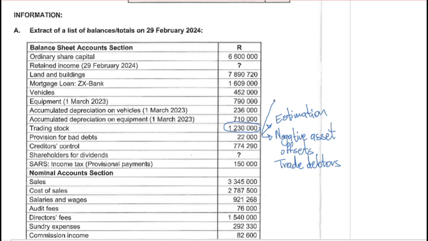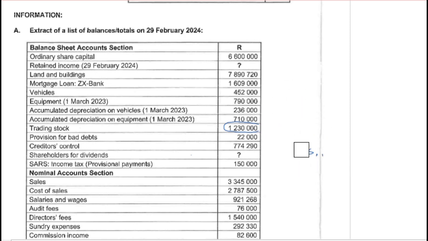This is in line with the GAAP principle of prudence, which requires us to prepare financial statements which reflect a realistic picture of the financial position of the company. The old provision is given as 22,000 as per the extracts from the pre-adjustment trial balance.